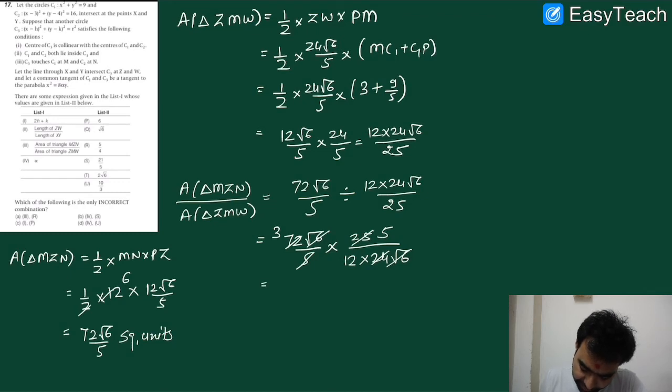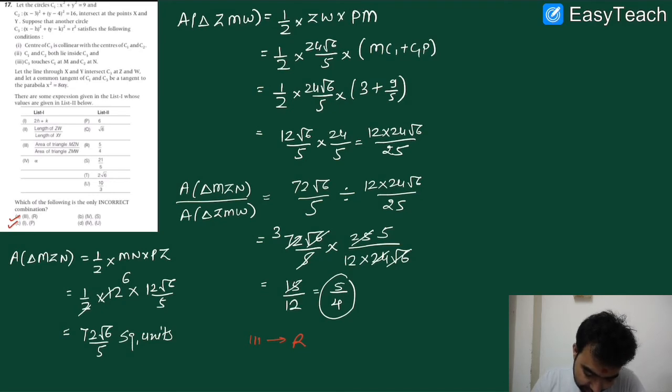So this will be 15 by 12. Again we can cancel with 3. So it will be 5 by 4. So 5 by 4 is the ratio. So for third, the correct option is given to be R. So yes, this is correct. 1 P correct.